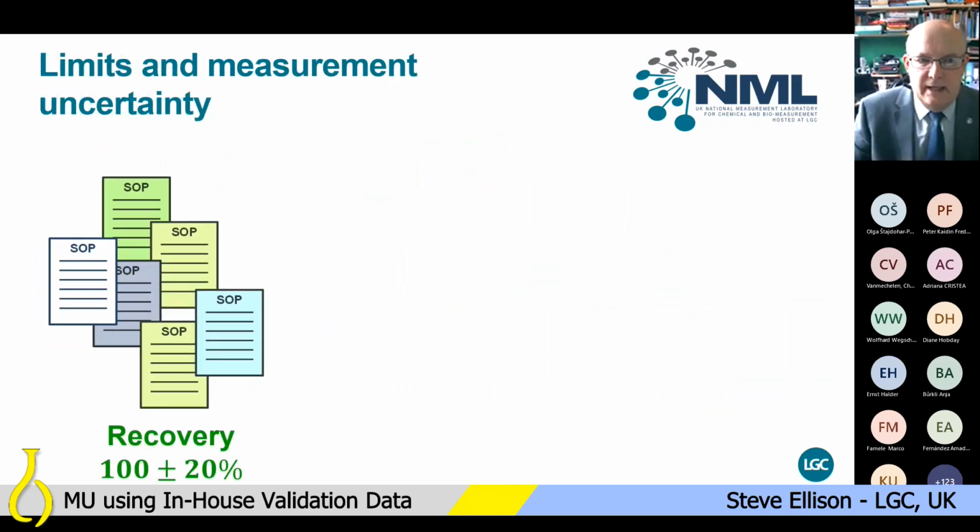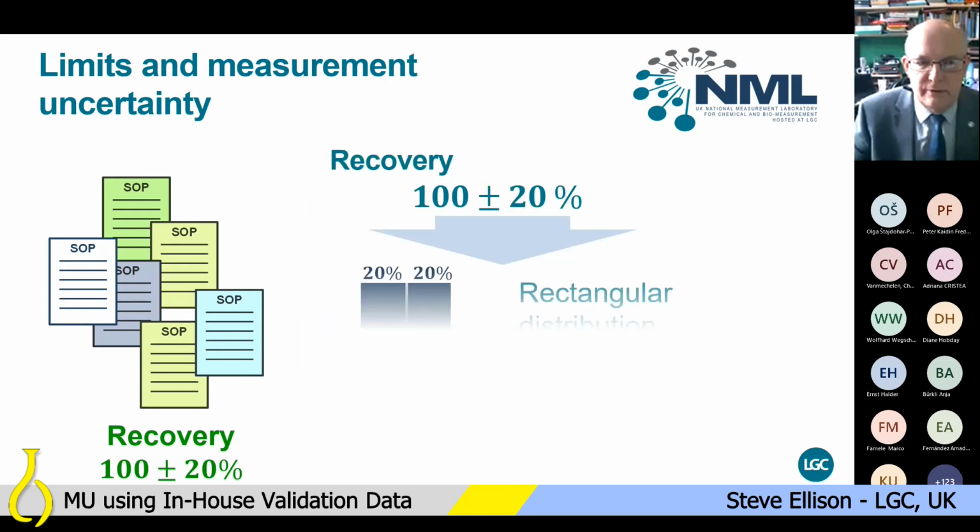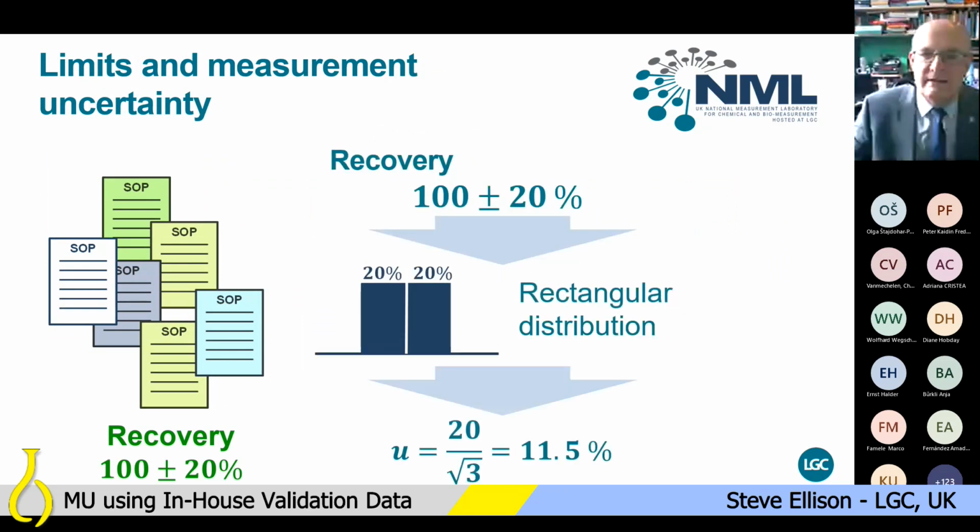So perhaps we've set an allowable recovery of 100 plus or minus 20%. If we chose exactly the same logic, well, we know our recovery is within 100 plus or minus 20%. We don't know where, so I've gone for a somewhat wider distribution, a rectangular. And the standard uncertainty is, again, the allowable deviation divided by √3.